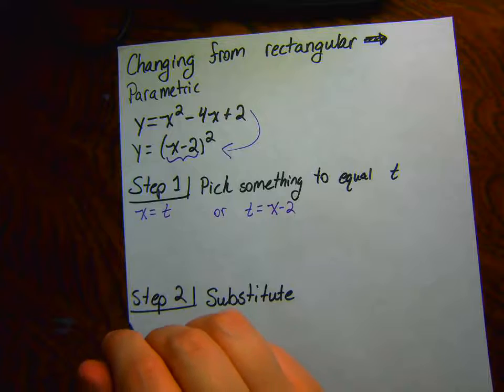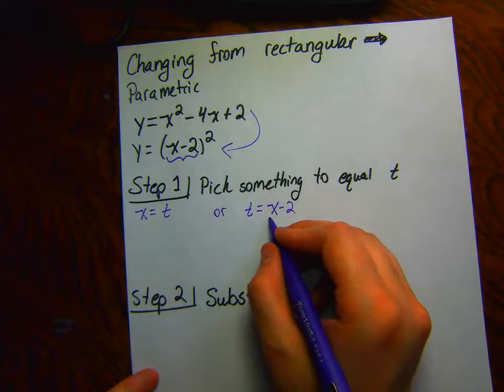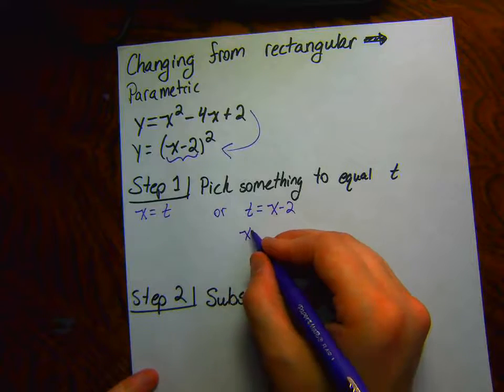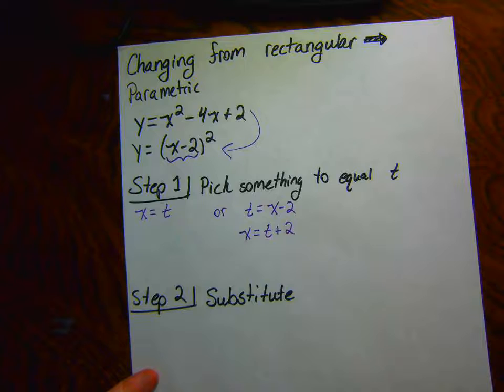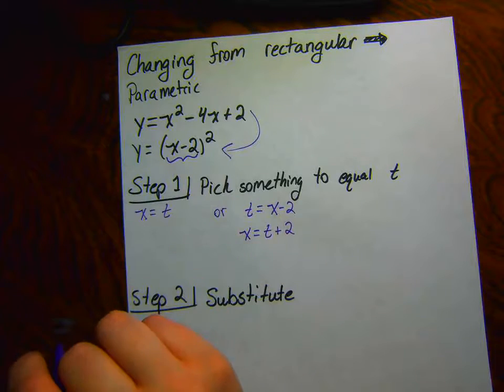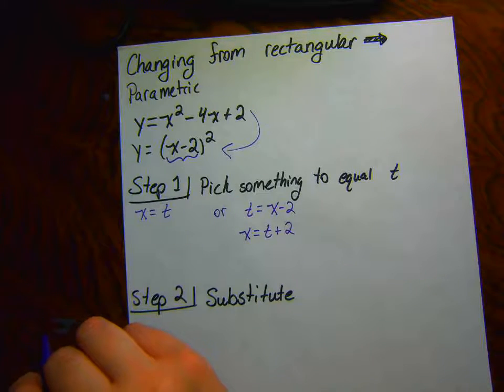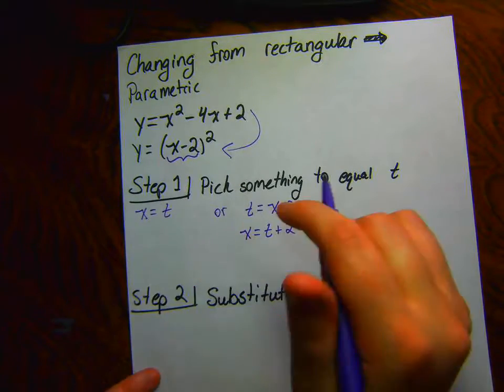Now I'm going to solve for x on this side, and I get x equals t plus 2. We could have also let something to do with y equal t. It works the same way, it just depends on which way looks easier to you. This way looks easier to me, so I'm going to go ahead and do that.